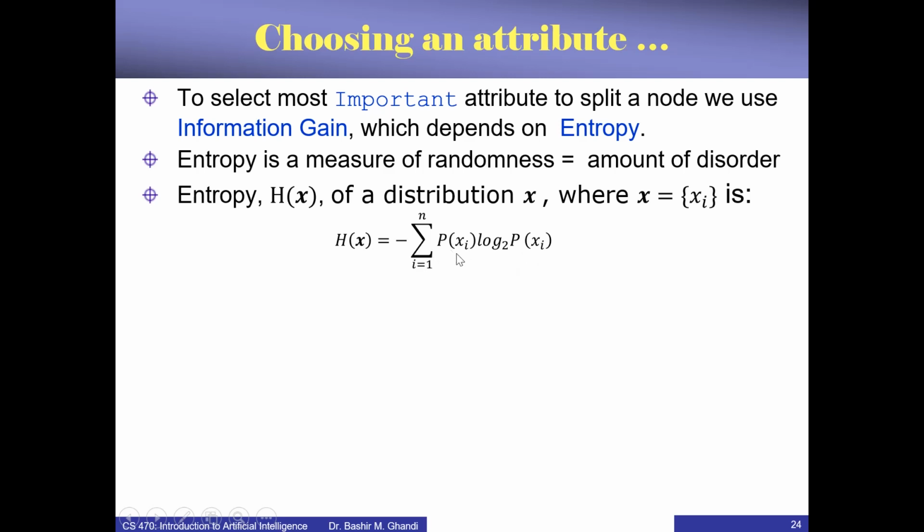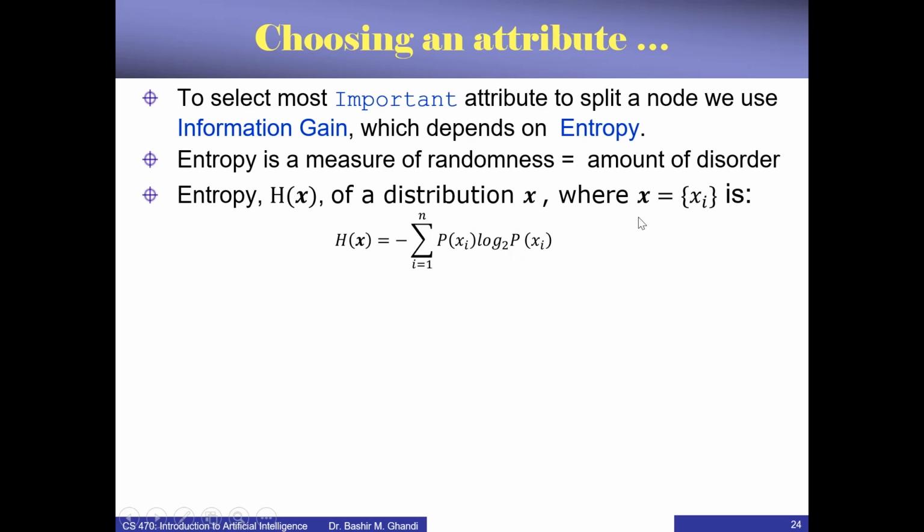So probability of x1 times log to base 2 of that probability, plus probability of x2 times log to base 2 of that probability, and so on, until the number of possible values that you have in the distribution of X. So this is what we are going to use.